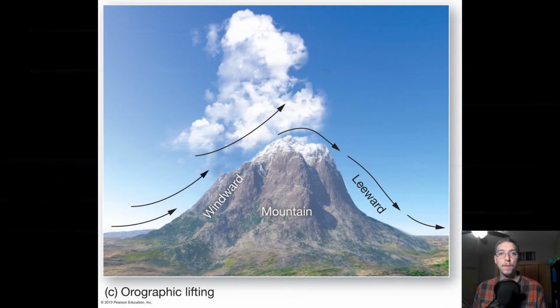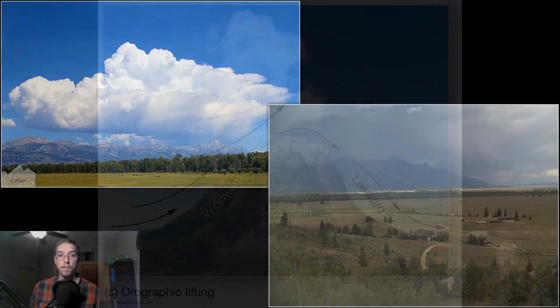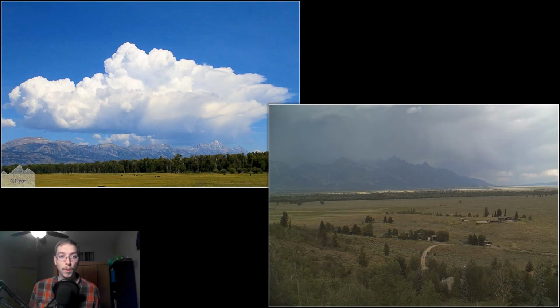Things like orographic lifting. Remember all these lifting mechanisms we talked about that drive the vertical motion of air parcels that lead to the development of clouds. Here we can see precipitation falling out as these air masses are forced up and over the mountains on both of these pictures here.